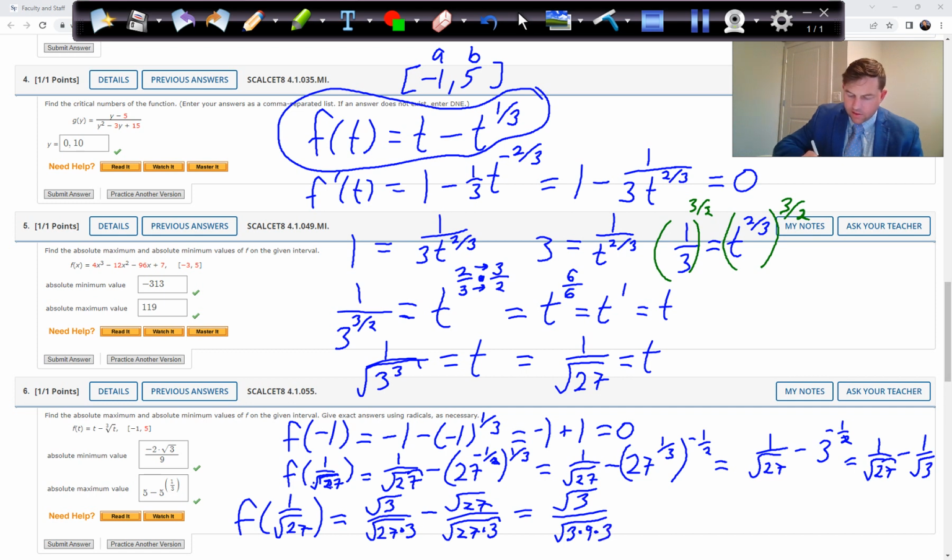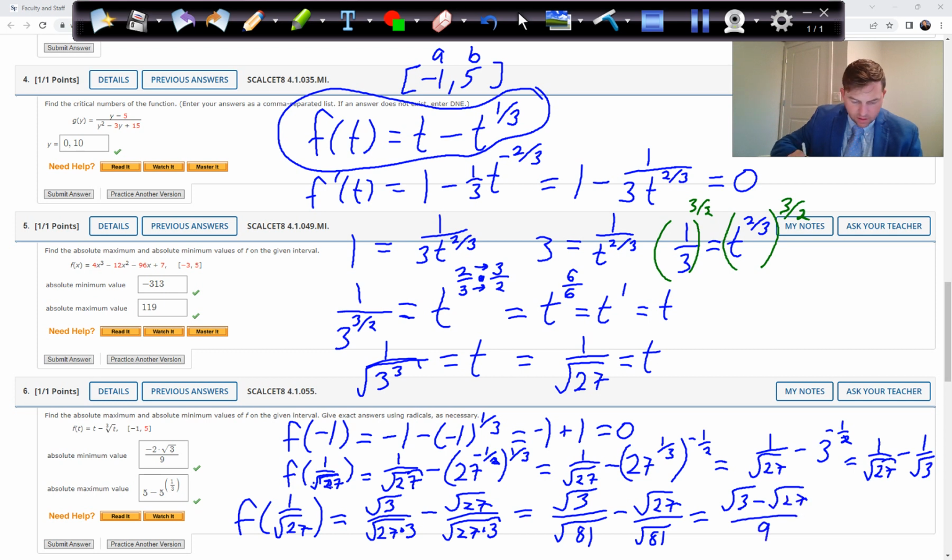Oh, this is easier than that. This is the square root of 81. Let's do it that way. So we get square root of 81 minus root 27 over square root of 81. And that's going to be root 3 minus square root of 27 over 9.